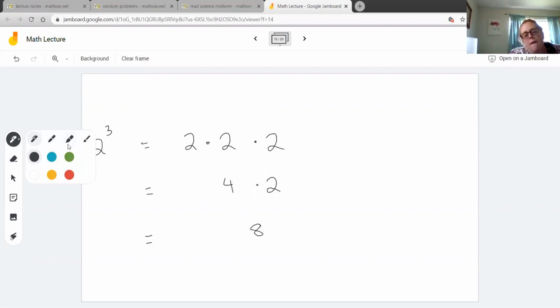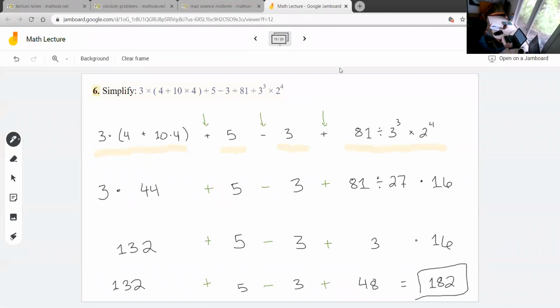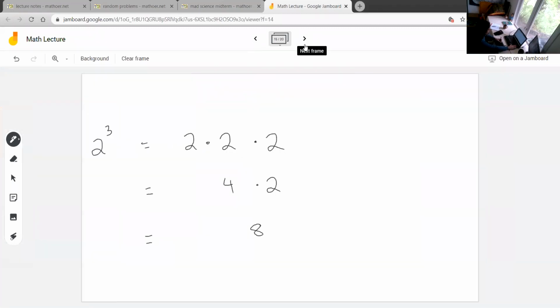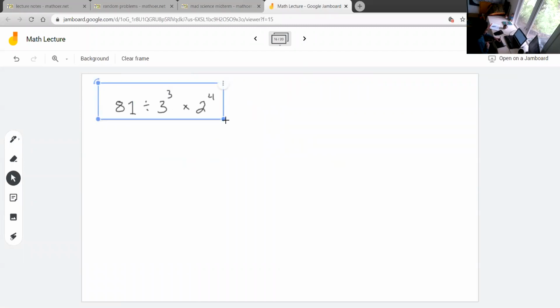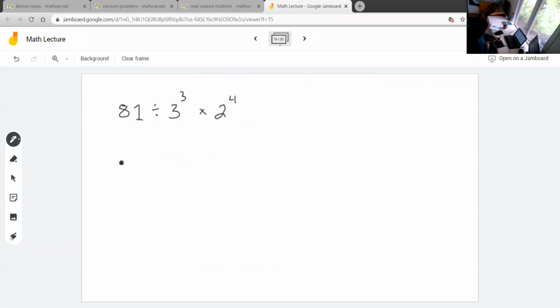Okay. So on the other one, we had this. So that would be 81 divided by 3 times 3 times 3 times 2 times 2 times 2 times 2. Now what I'm just writing is wrong because we actually need parentheses here.